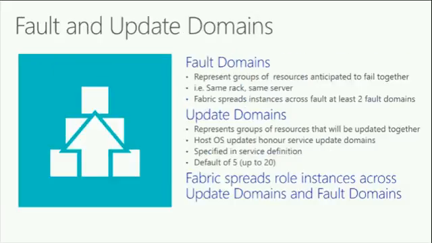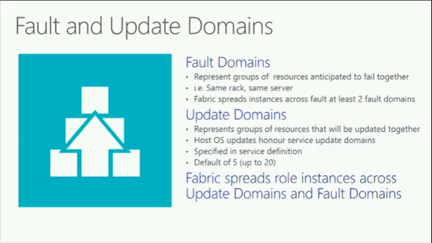So I do want to explain something called the fault domain. Fault domain simply means that if two machines are in two different fault domains, they're not going to be on the same rack or the same server. The idea is that if one machine fails, the other machine will continue to run, or the other fault domain will run. And there's something called an update domain.